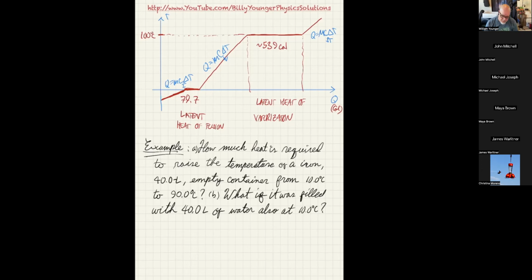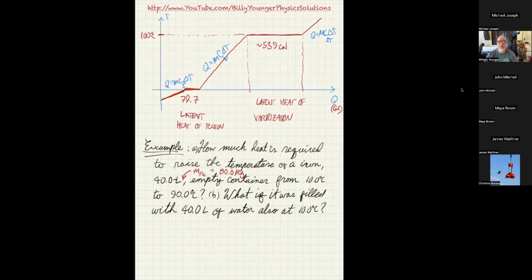Let's say the iron container actually has a mass of, let's say, 80.0 kilograms. Okay. So I'll just add that in there. It's a little different than the way I'd originally planned to solve this problem, but that's okay. It works, and actually might even make it a little more straightforward so you guys will get it better.